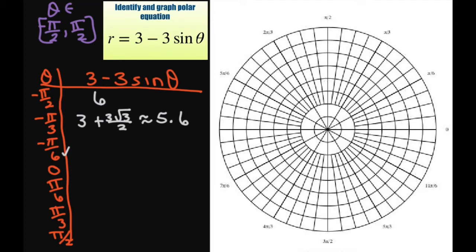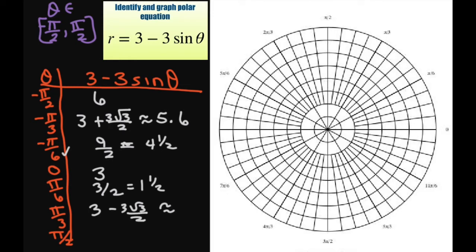For this one, we're going to get 9 halves, which equals 4.5. And at 0, we're going to get 3. At pi divided by 4, we get 3 halves, which equals 1 and 1/2. At pi divided by 3, we're going to get 3 minus 3 square root of 3 divided by 2, which is approximately 0.4. And at pi divided by 2, we're at 0.